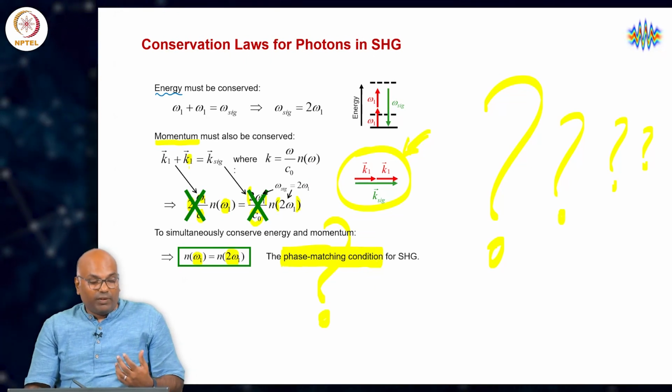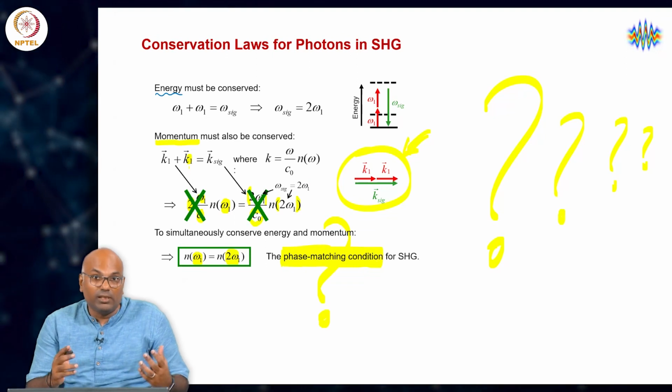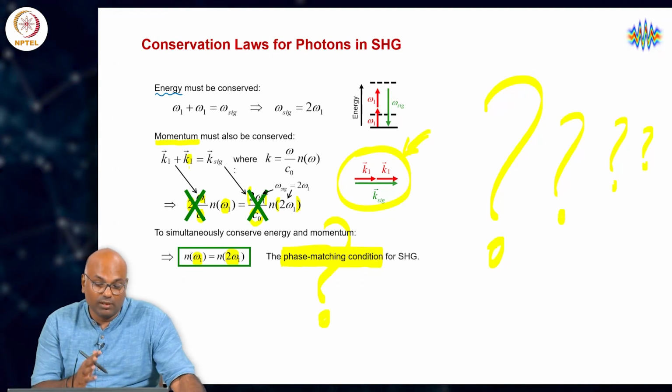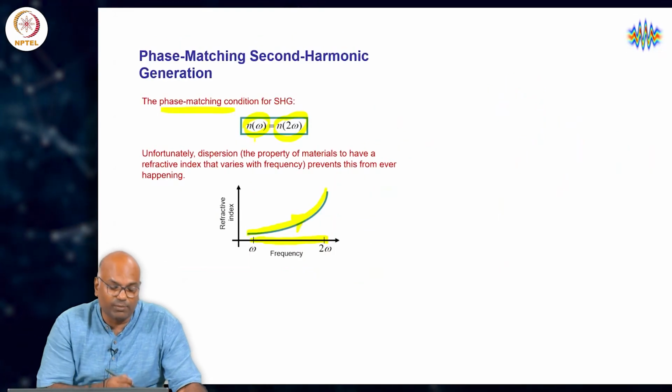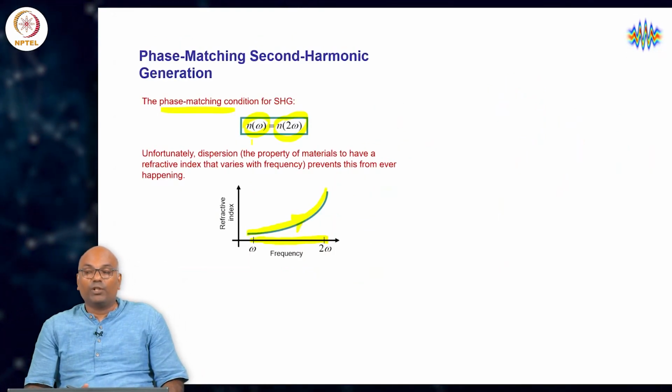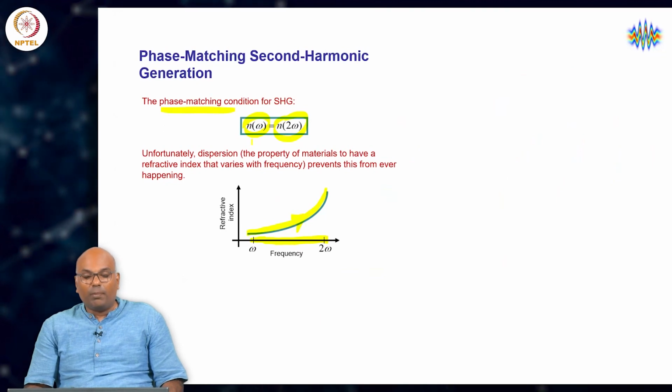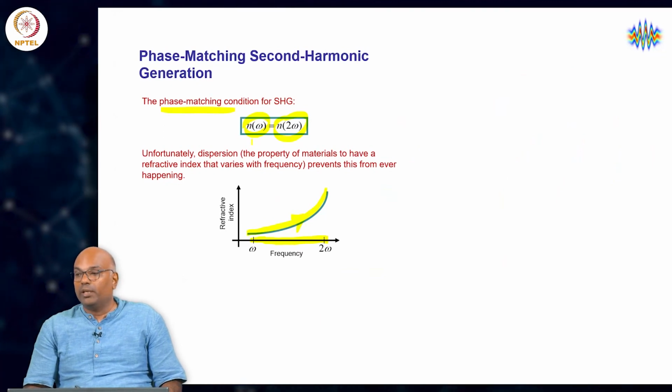But the fact that these two are parallel to each other is something I want to stress. This was one of the conditions which we employed to deduce the result that the phase matching condition is n of omega should be equal to n of 2 omega. So, apparently this is never going to happen in normally dispersive media.